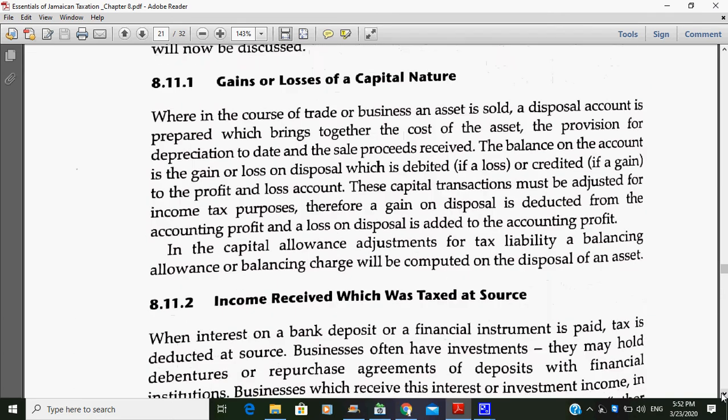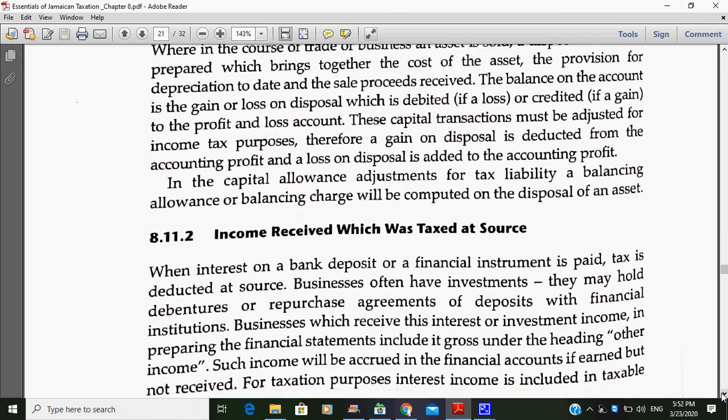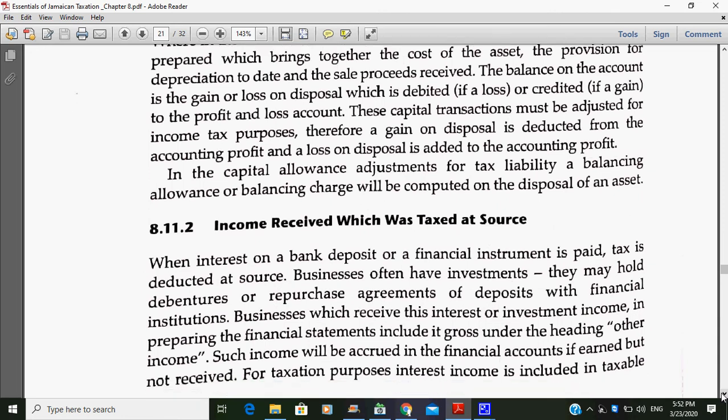Income received which was taxed at source. When interest on a bank deposit or financial instrument is paid, tax is deducted at source. Businesses often have investments. They may hold debentures or repurchase agreements or deposits with financial institutions. Businesses which receive this interest or investment income, in preparing the financial statements, include it gross under the heading other income.